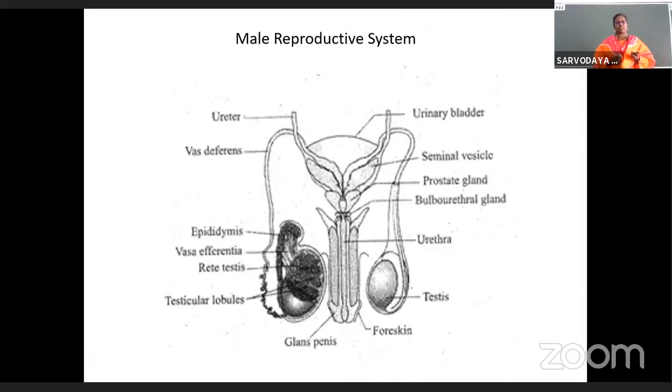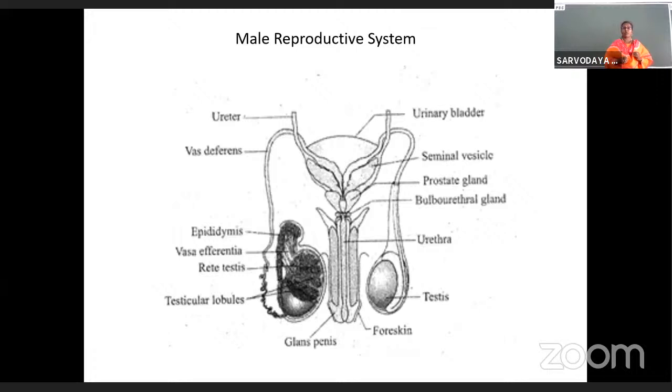Formation of gametes is called gametogenesis, then transfer of sperms into the female genital tract is called insemination, followed by fusion of gametes called fertilization, followed by attachment of blastocysts to the wall of the uterus called implantation, followed by embryonic development called gestation, and lastly, delivery of the baby, which is called parturition.